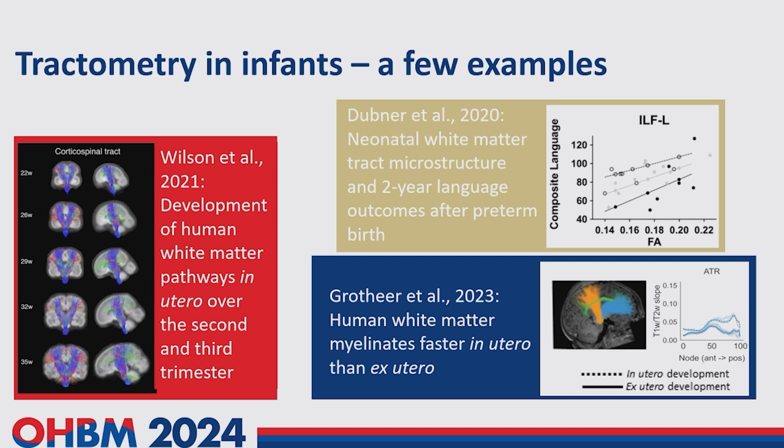And then in our most recent study, we found that in humans, myelin actually grows more rapidly in utero compared to ex utero, and that this slowdown in myelin development at birth explains why infants that are born preterm show a delay in myelin development.